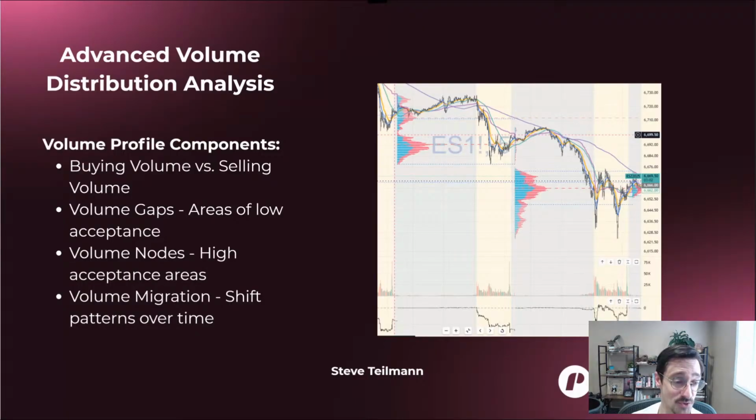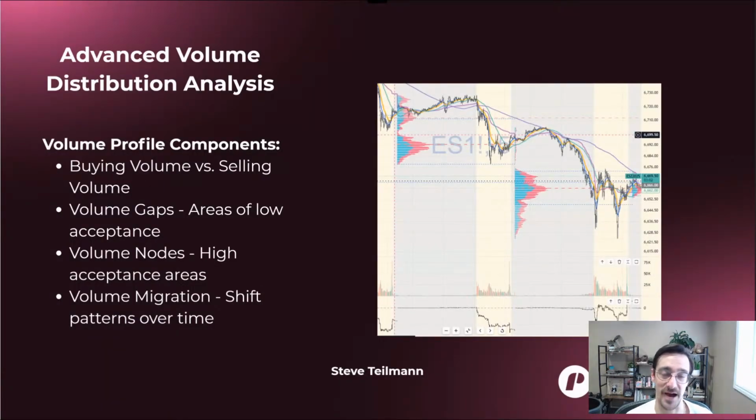So getting back to this, we have the buying volume versus the selling volume. We also have volume gaps, and these are areas of low acceptance. So when you have a gap, like see right below the P there's a little gap, and sometimes they're more distinguished, more noticeable. Like see this big gap up in here. So these are areas of low acceptance. What that means is that when price traded through these areas, it was not a balanced auction.